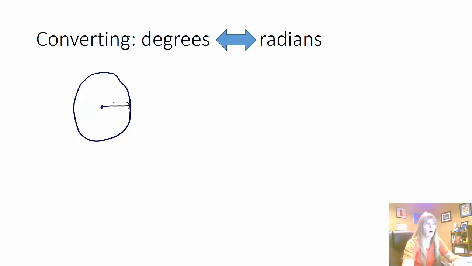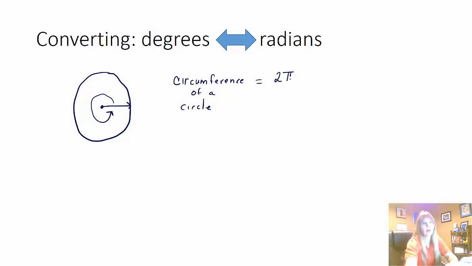If I go all the way around, this is the circumference of a circle. If I travel all the way around that circle, I'm going around the circumference of a circle, which, if you remember, the formula is 2 pi r.